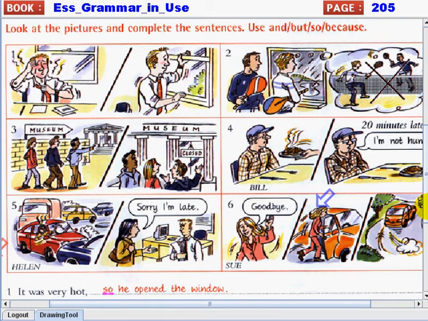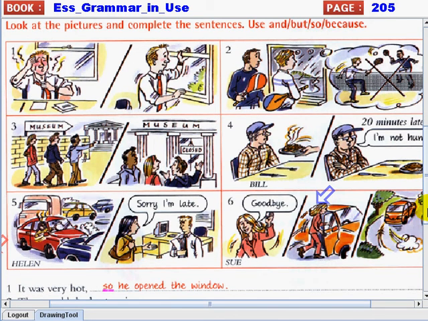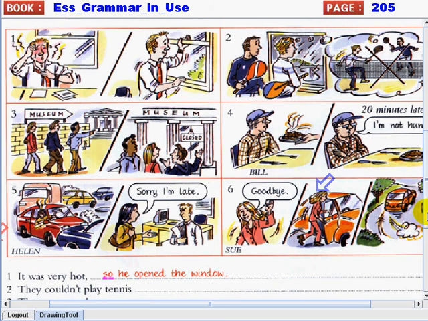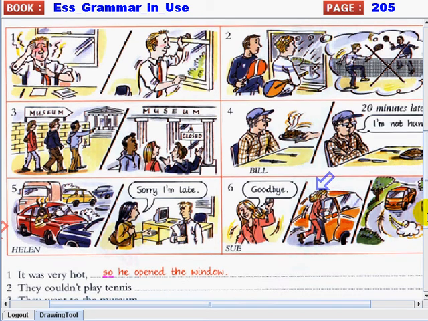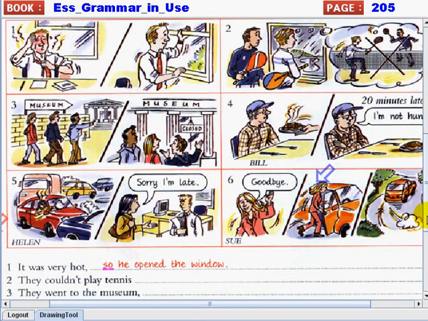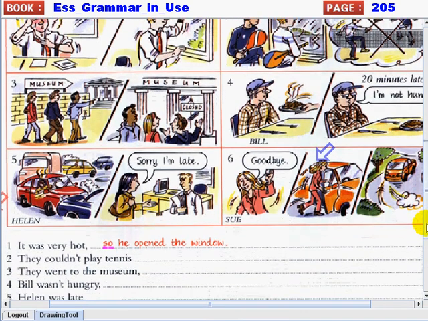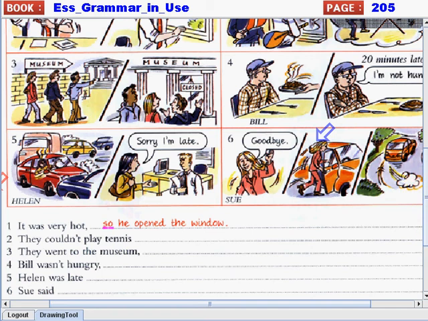Okay? Now you know when to use these words. It's your turn to answer numbers 2 to 6 on your own. I do encourage you to pause this video for a while and do the following exercises. Okay? Now, let's start.